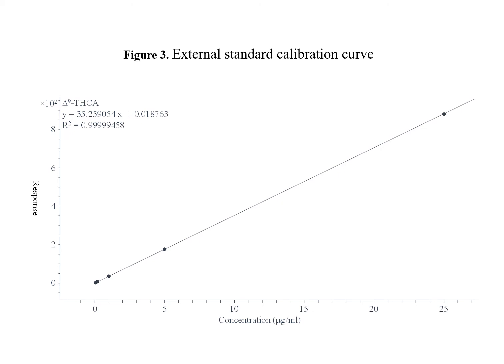As you can see, we have an R-squared value of 0.999, which shows that this is a really good line fit for our curve. On the x-axis is our concentration, and on the y-axis is response. So using the equation that we obtained from the curve, we can determine concentrations of delta-9 THCA when we know the response that we get from said peak.